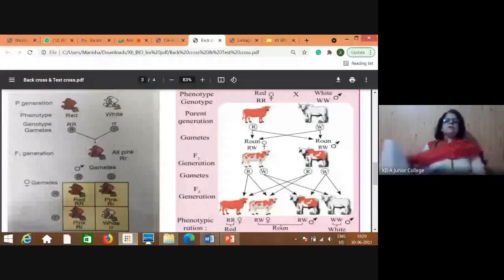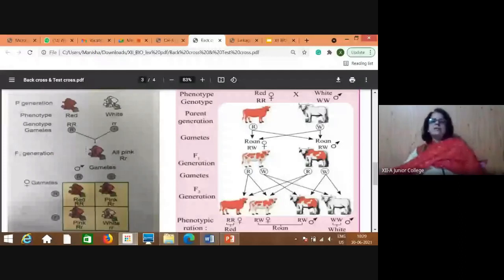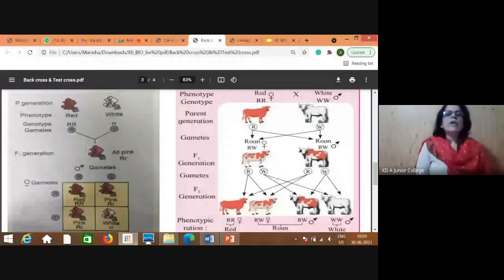When two parents are crossed considering a single character, in the F1 generation only the characters which are dominant are expressed, and the characters which are not expressed are called recessive characters, which are suppressed.